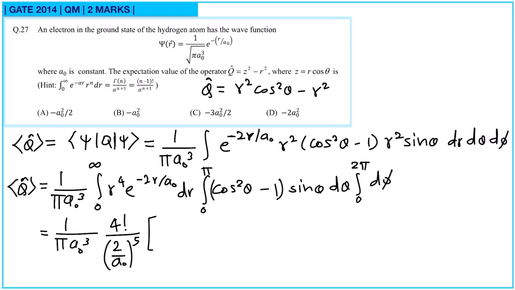Then integration of cos square theta: derivative of cos theta is minus sin theta, so that is adjusted here with minus sin theta. So this will be minus of cos cube theta by 3 minus integration of minus sin theta, that is plus cos theta, with limits 0 to pi, and the integral of d phi is 2 pi.